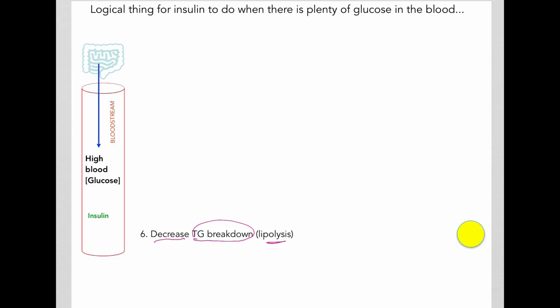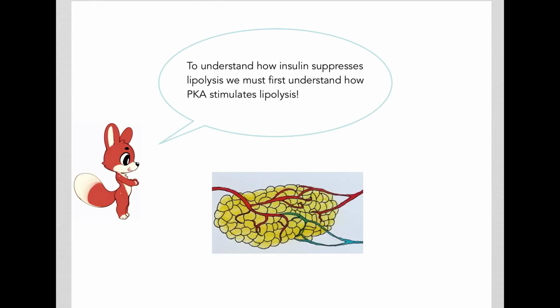Okay, so now let's look at how insulin decreases triglyceride breakdown, lipolysis. Now remember, most of the triglycerides are stored in adipose tissue, not in the liver. So we will focus on how insulin suppresses triglyceride breakdown in the adipose tissue. In order to understand how insulin suppresses lipolysis, we must first understand how the enzyme protein kinase A, or PKA, actually stimulates lipolysis.